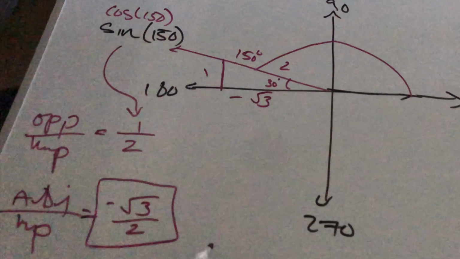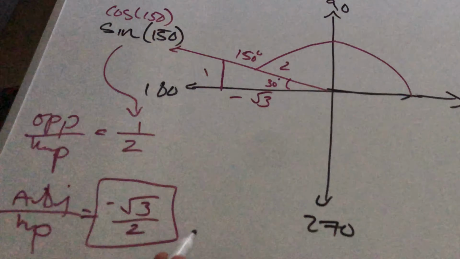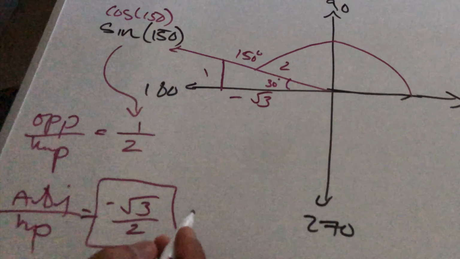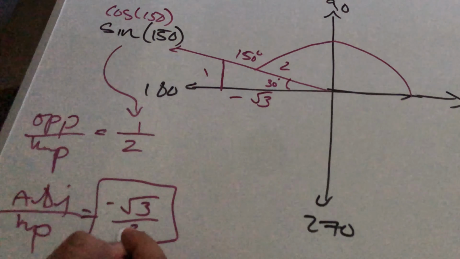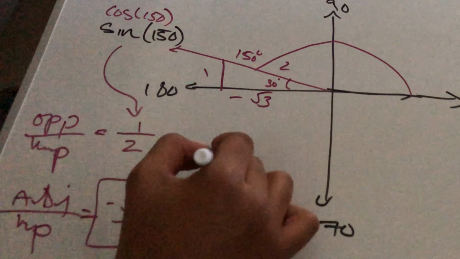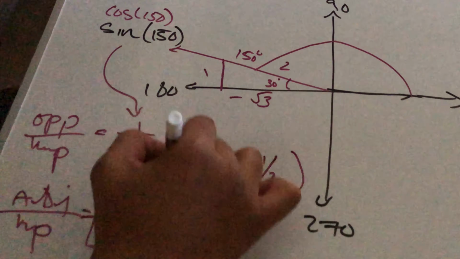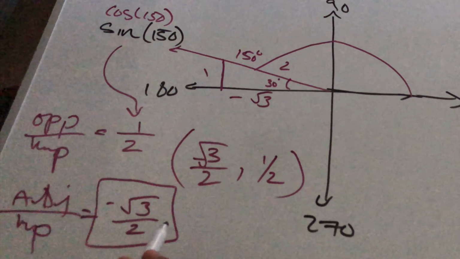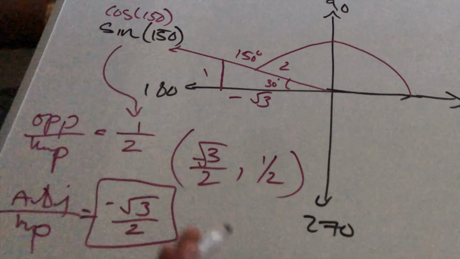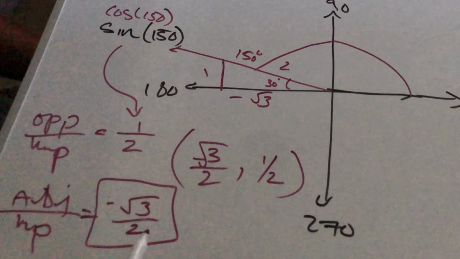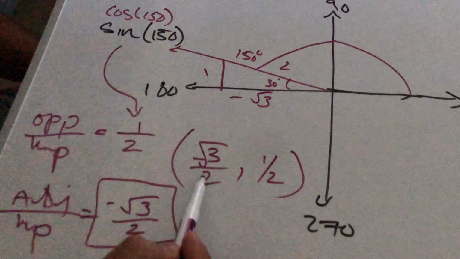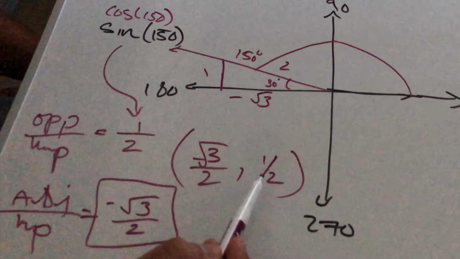If you look at your XY plot chart on your unit circle, remember, x values are cosine, so you would get negative square root of 3 over 2, comma, 1/2. That is cosine and sine of 150, where this is your x value, which is cosine, and this is your y value, which is sine.